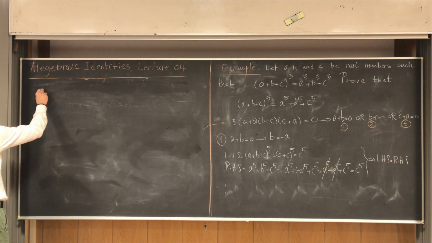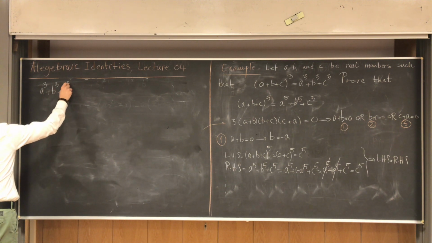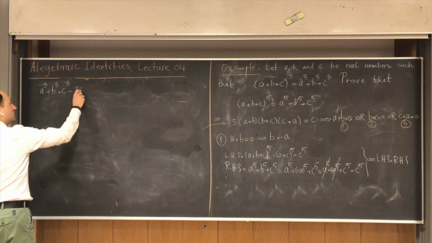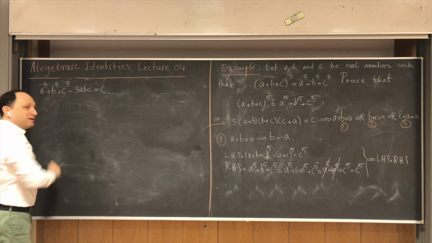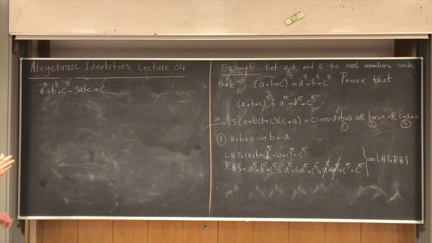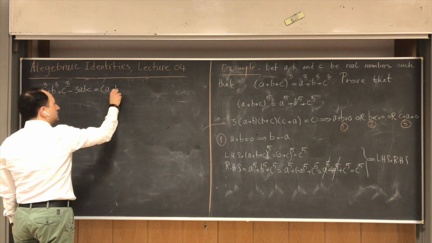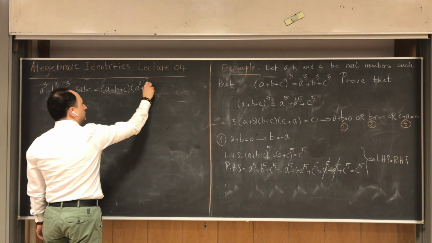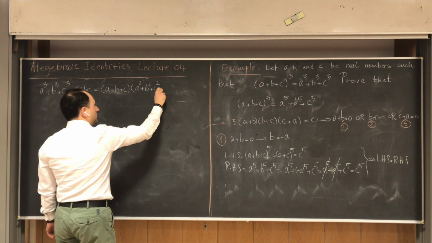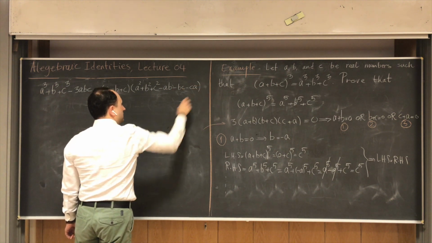So a to the 3 plus b to the 3 plus c to the 3 minus 3 times abc is equal to, this expression can be factorized, can be written as the product of two polynomials: a plus b plus c, times a squared plus b squared plus c squared minus ab minus bc minus ca.